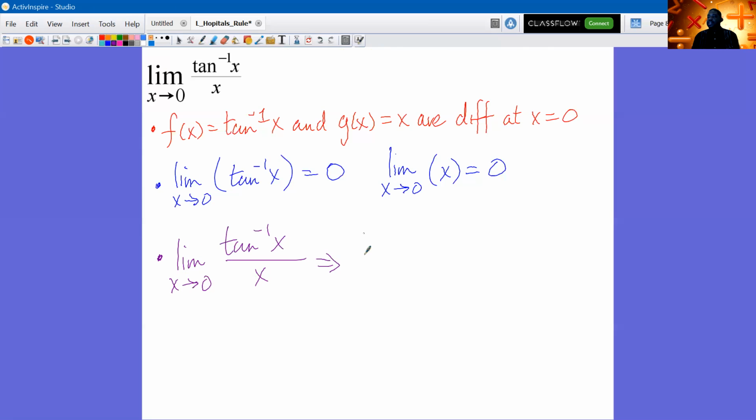So this limit implies, and now we're going to plug in the 0 and we get 1 over 1, which is 1. And again, we use L'Hopital's rule.